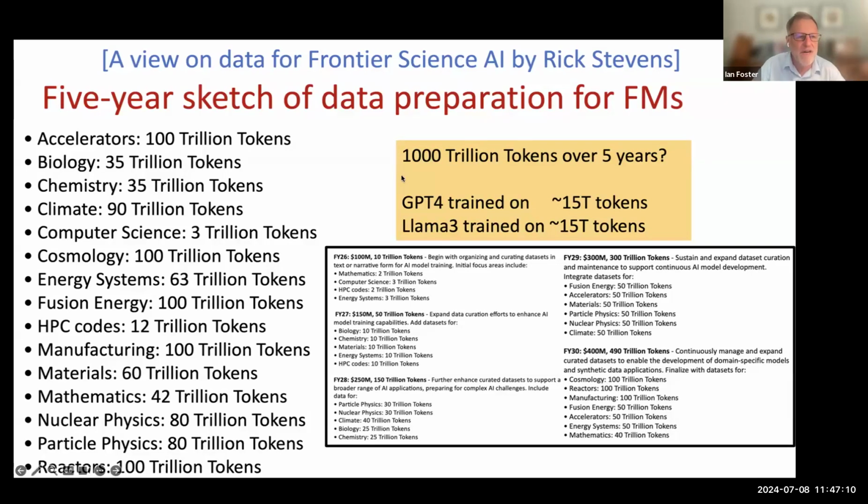But accelerators is very large because there are systems like the Large Hadron Collider and other things that collect huge amounts of data, petabytes and petabytes. Now the information content of that data is arguably quite low if you look at, say, the Large Hadron Collider versus biology, where perhaps the tokens are quite processed. They represent the interpretation of many large numbers of experiments.